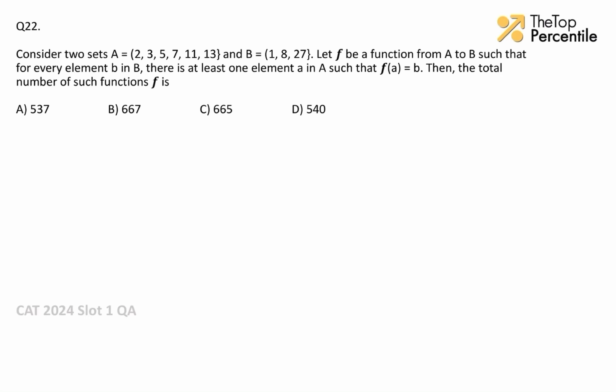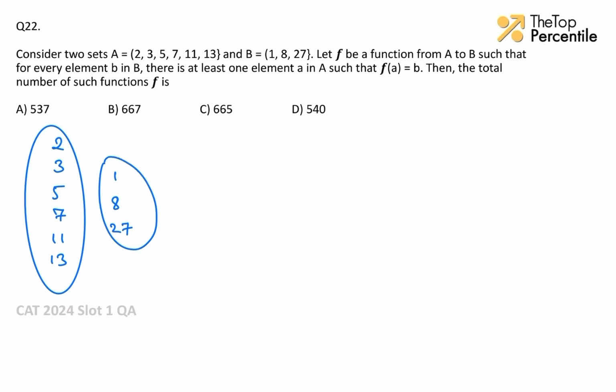Okay. So what the question says is, in set A, the elements are 2, 3, 5, 7, 11, and 13. In set B, the elements are 1, 8, and 27.